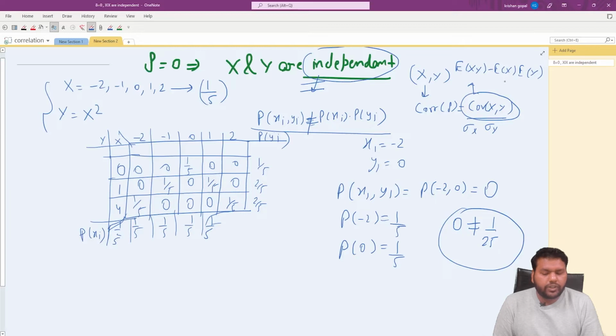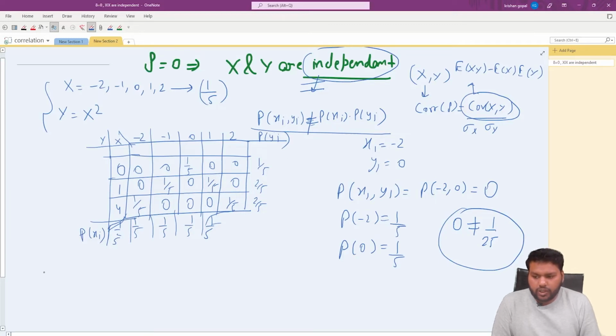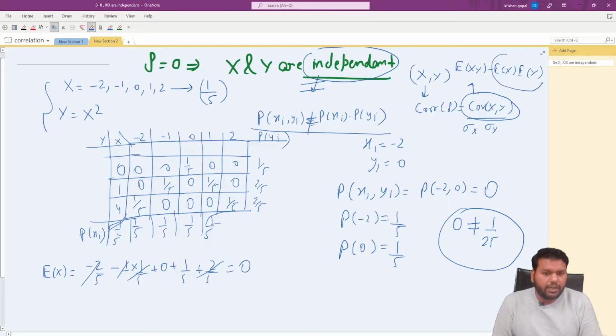Now from here you can find the expectation of x. As you know, this is a discrete random variable. So -2 into 1 by 5, minus 1 into 1 by 5, plus 0, plus 1 by 5, plus 2 by 5. If you add this, it comes to 0. So your expectation of x is 0, so no need to calculate expectation of y, so this part becomes 0.